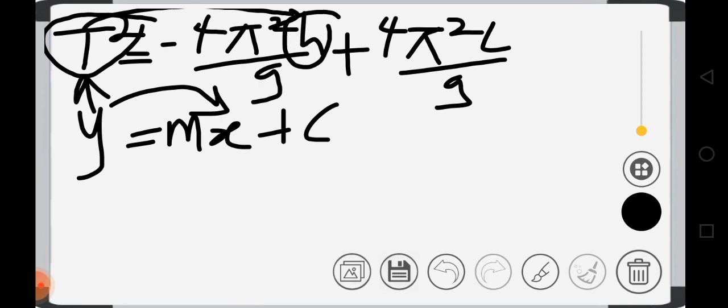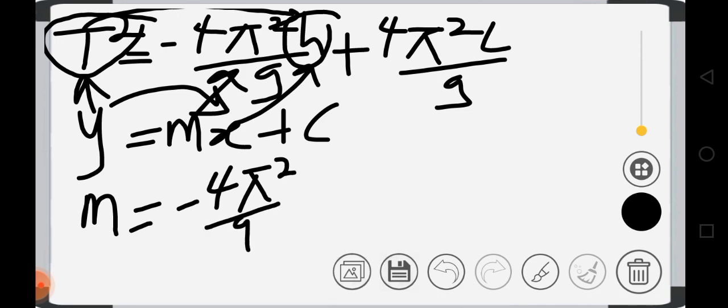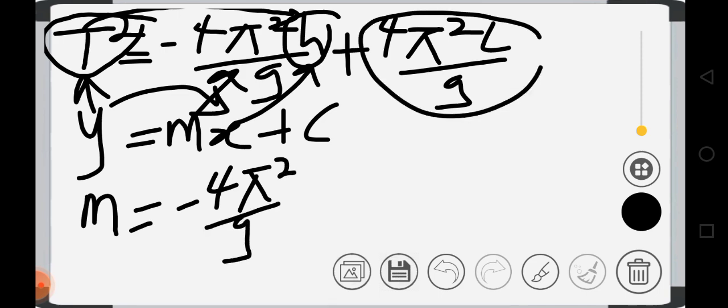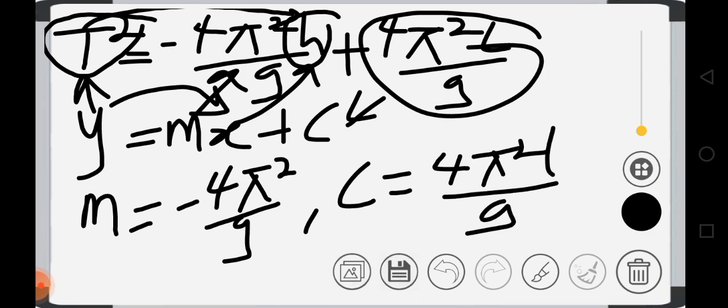So this t square now is our y-axis, then h is our x. Let's say y is equal to this, x is equal to h. Then you discover that m is equal to minus 4 pi square over g. Then this intercept will be equal to this c. So the intercept will be 4 pi square L over g.